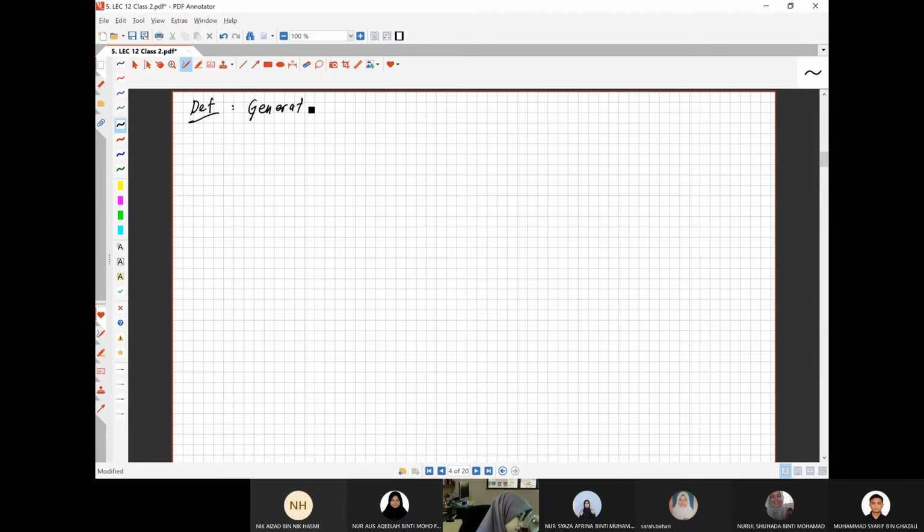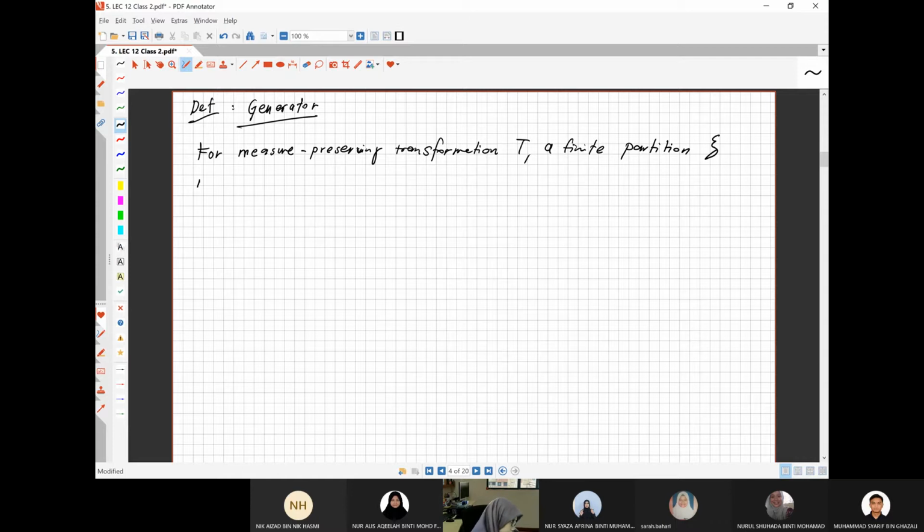Generator. For a measure preserving transformation T, a finite partition psi is called a generator if the join of the pre-images of the partition psi is equal to the largest partition.